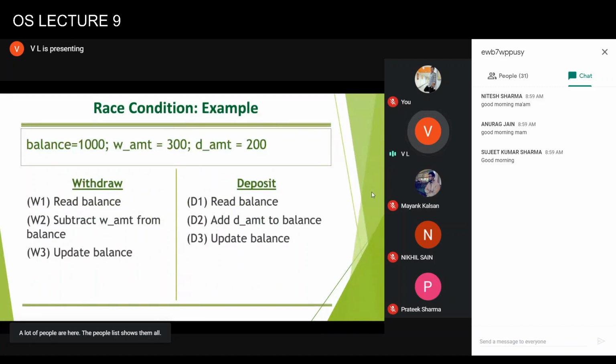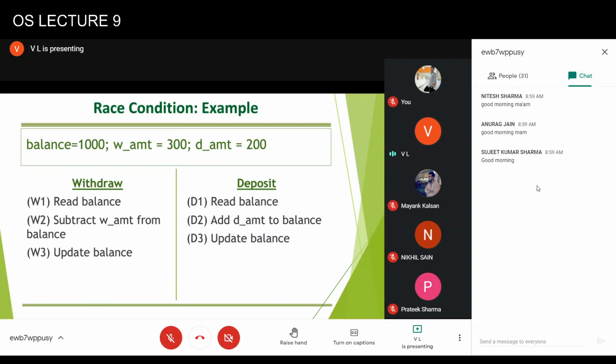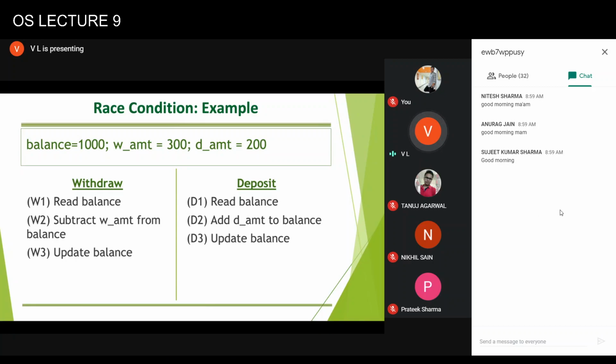This was an example that we discussed in the last class. We have an account in which the current balance is 1,000 rupees, and one process is trying to withdraw 300 rupees and another process is trying to deposit 200 rupees.